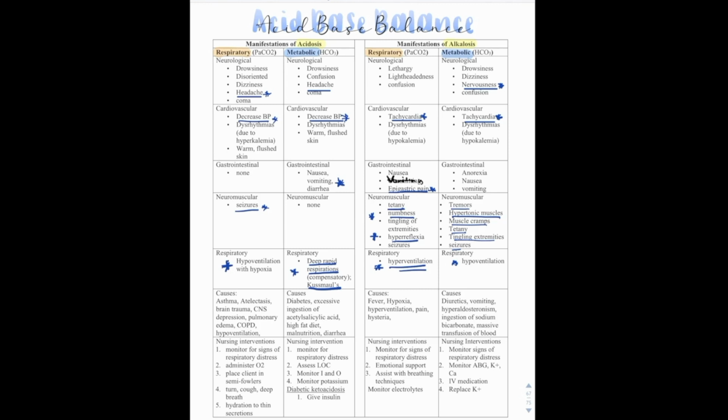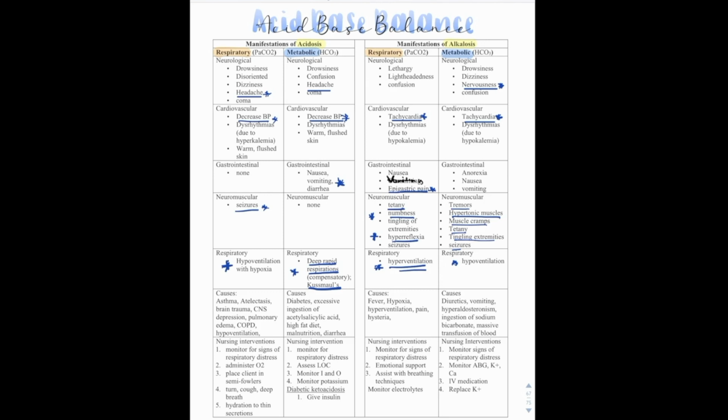Our nursing interventions for respiratory acidosis are monitor signs of respiratory distress, administer oxygen, place them in semi-Fowlers, turn, cough, deep breathe, and hydrate to thin secretions. For metabolic acidosis, our nursing interventions include monitor for respiratory distress, assess level of consciousness, monitor I&O, monitor potassium, and if in diabetic ketoacidosis, give insulin.